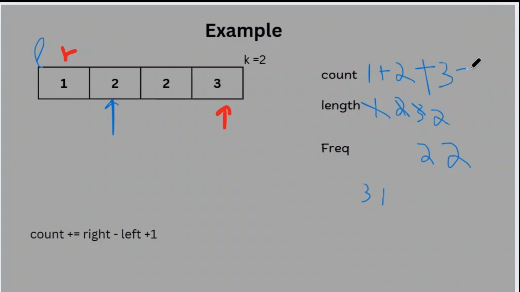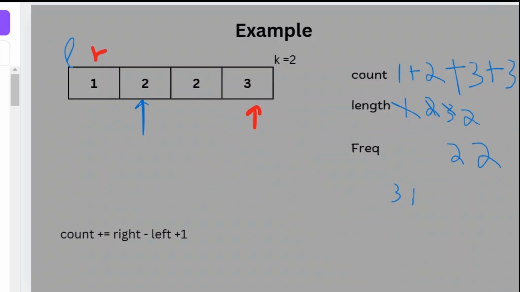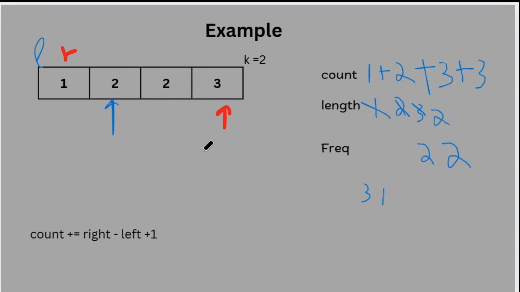So we are going to add to the count value. So count becomes 3. And then in the next step, when we try to increment the right pointer, it exits the loop. So our final answer is 9. 9 is the final answer.